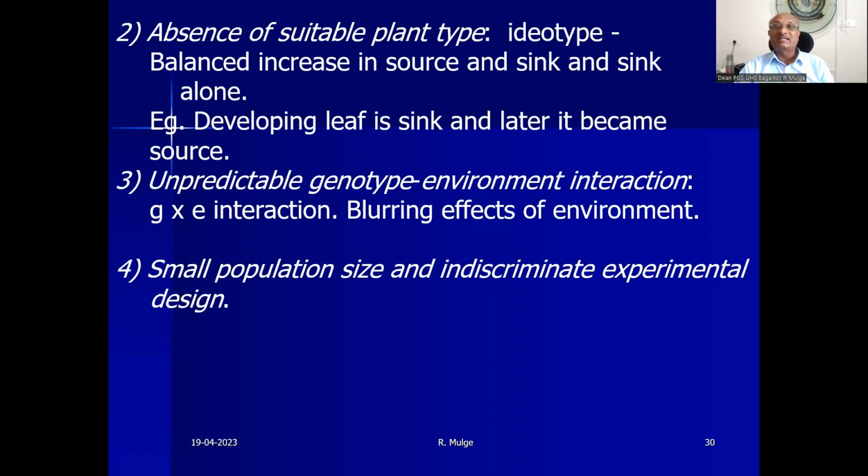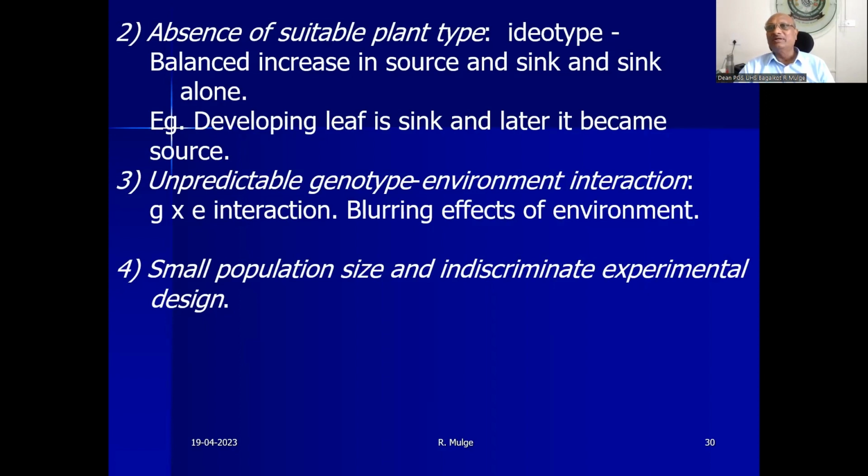So then the indiscriminate experimental designs. Many times you don't follow the right kind of design. Maybe because you are helpless. Maybe because you do not know. Both the reasons are there, whether this particular experimental design you have to follow. For example, you are raising some 100, 200 genotypes for evaluation.